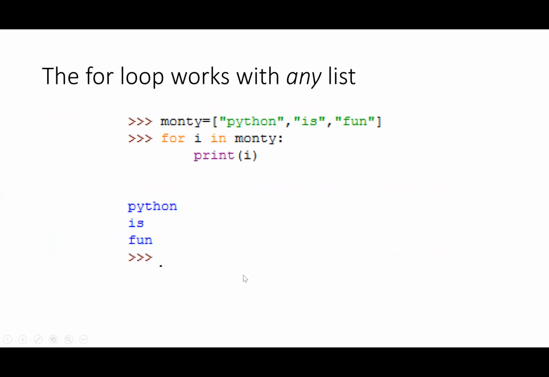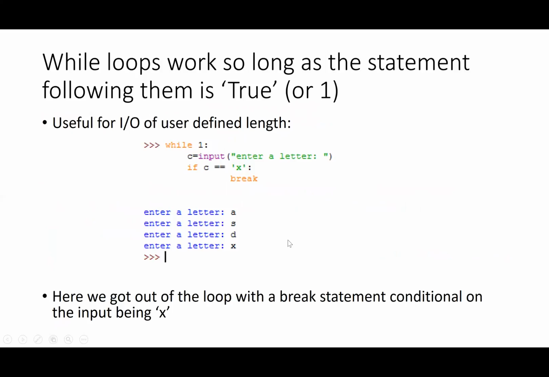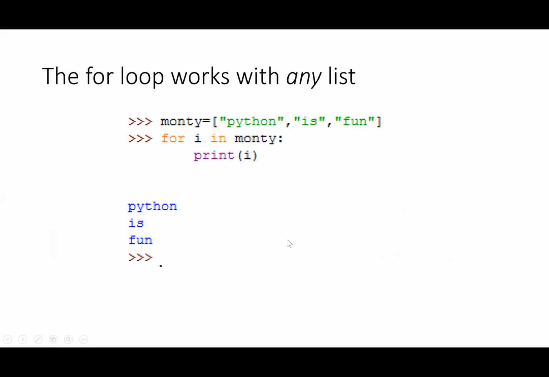Here's a really cool thing about Python. The for loop will work with any list. So here I've made a list. I've assigned Monty to be this list here, string Python, comma, string is, comma, string fun.